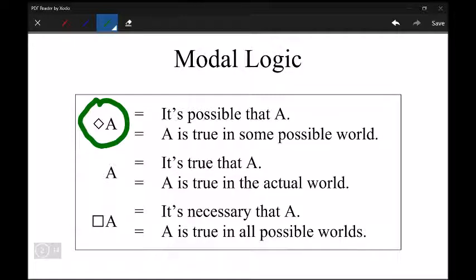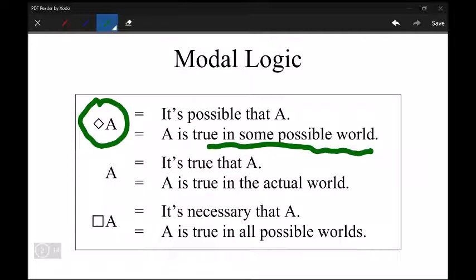Another way of saying it: possible that A is true in some possible world. For example, it's logically possible that I could run a mile in 2 minutes. It's not physically possible, but there's no contradiction in the idea. You could imagine a consistent story or a possible world in which that happens.